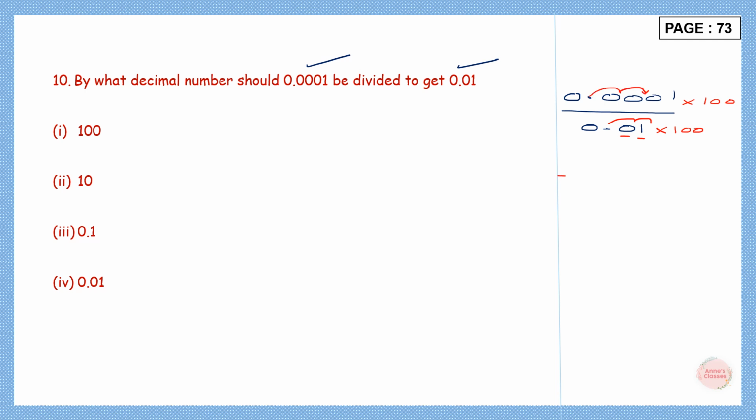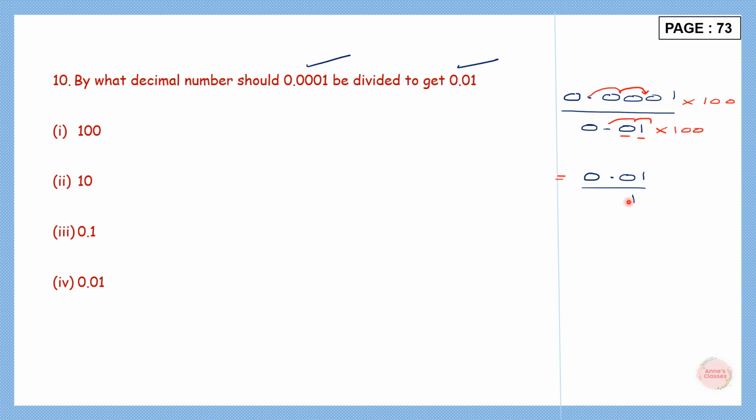So now what do we have on top? On top, here I have 0.01. Instead of putting so many zeros, I can put just one zero. So I have 0.01 in my numerator. In my denominator, I have only 1 because I have moved the point 2 places. So now this has become 1 and this has become 0.01.